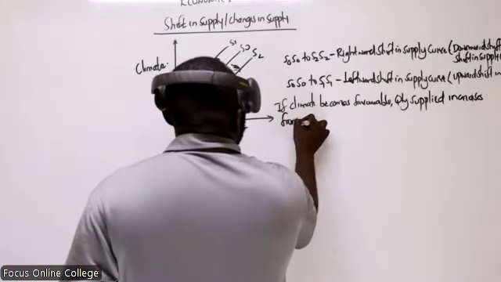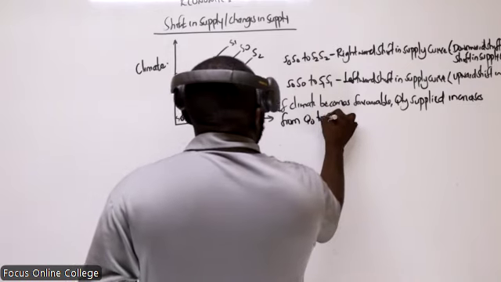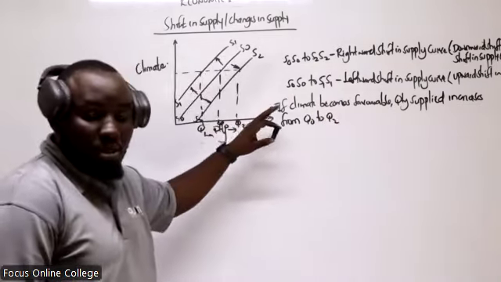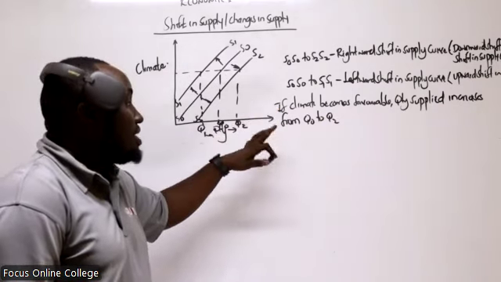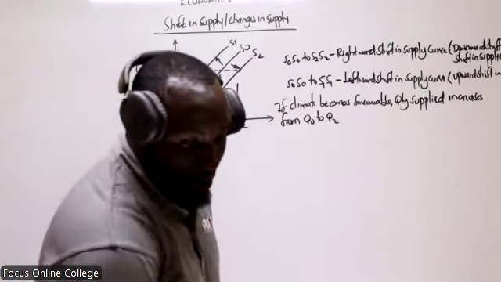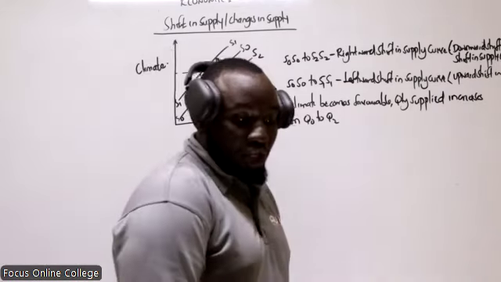We know that from Q0 to Q2. So if the climate basically becomes favorable, the quantity supplied will increase from Q0 to Q2.